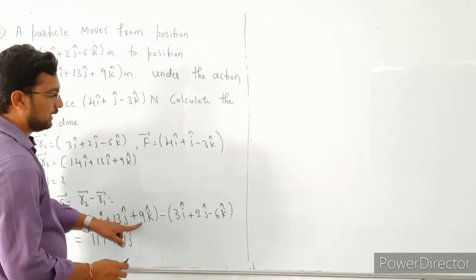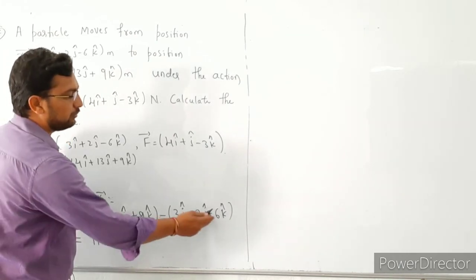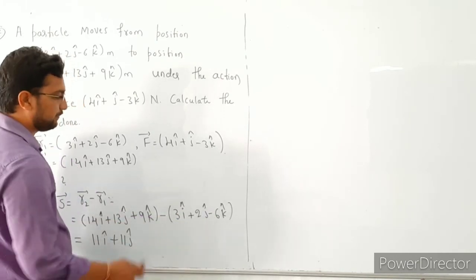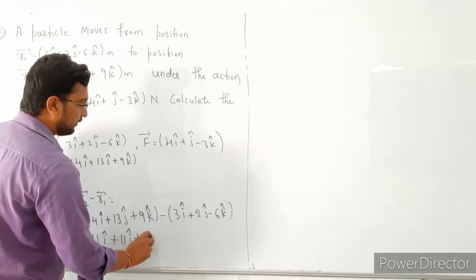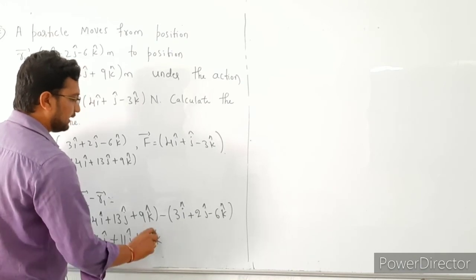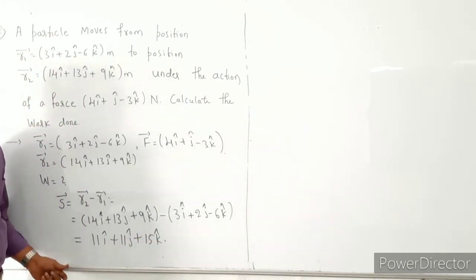Next, plus 9k, minus into minus becomes plus, so 9 plus 6 is 15k. So this is the displacement.